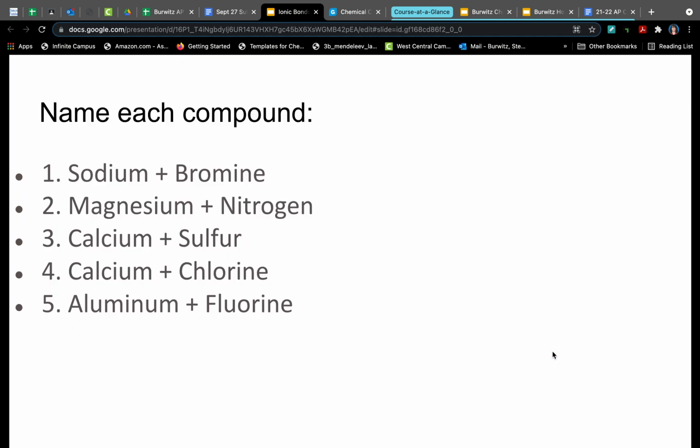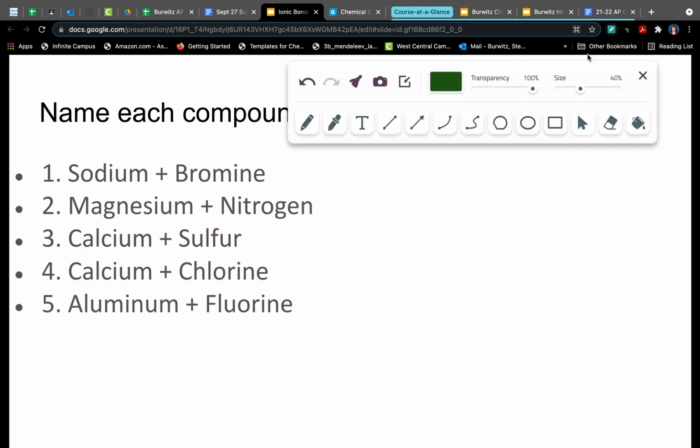So now we're going to name each compound. Okay, an example. Sodium, cross out the ending, add IDE: bromide. Sodium bromide. Then magnesium plus nitrogen.